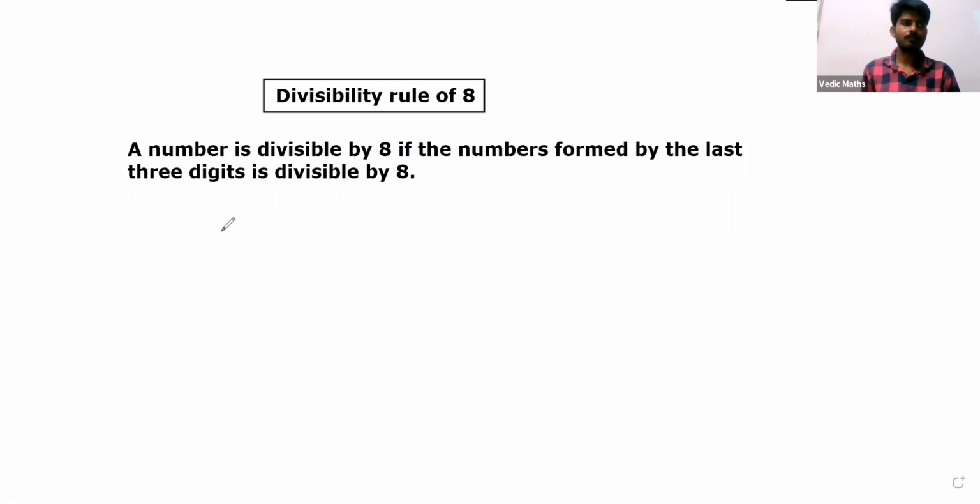Suppose 1792. Just take the last three digits, 792, and divide this number by 8.